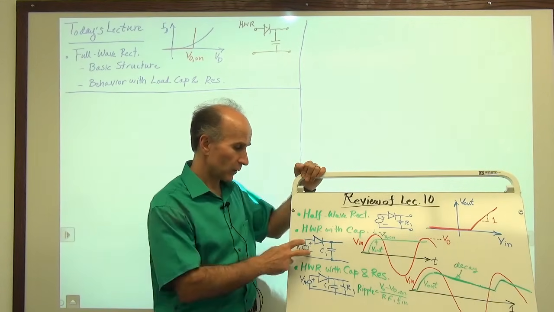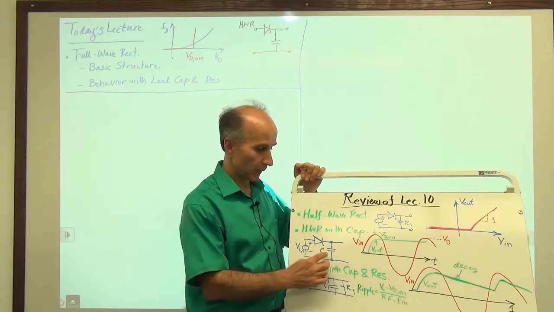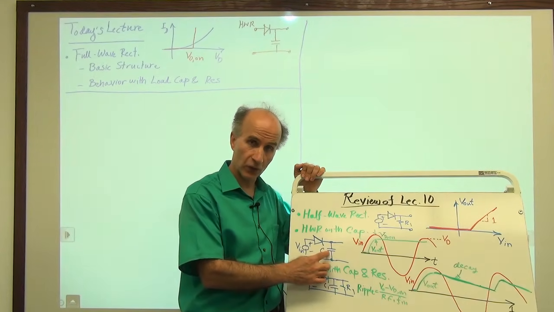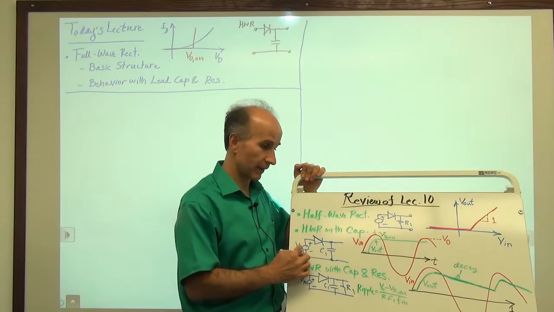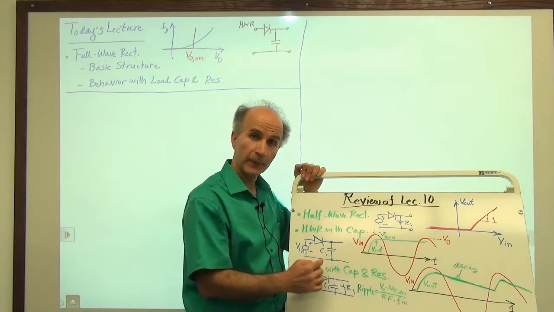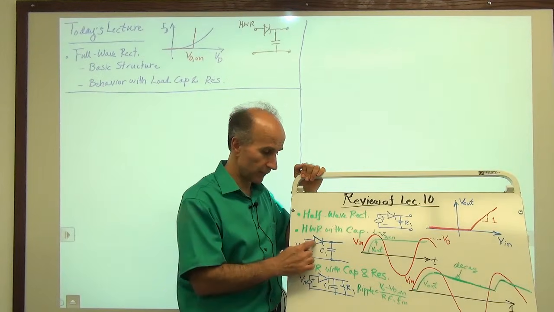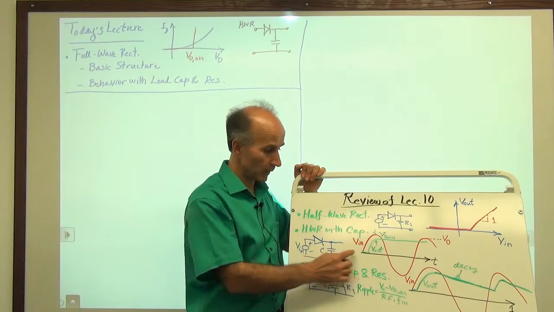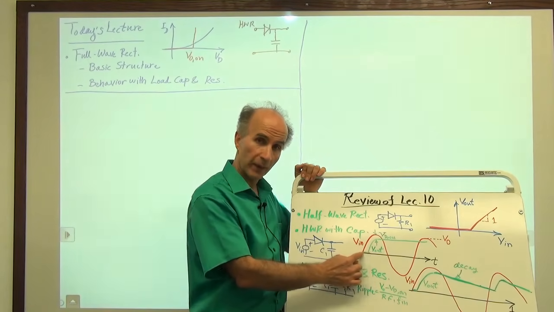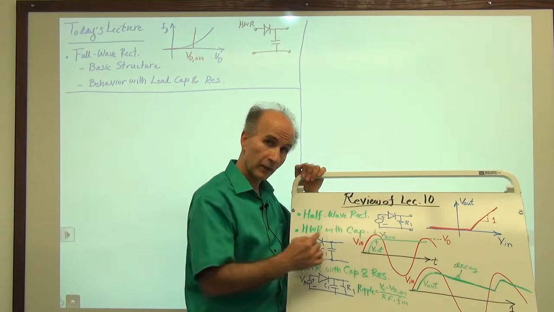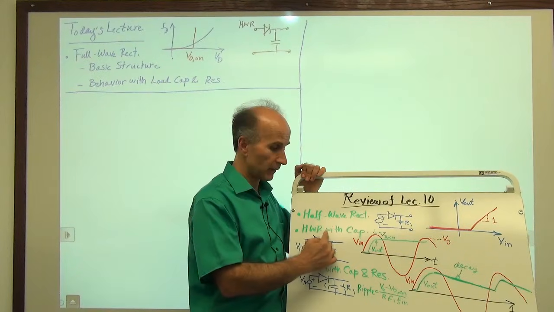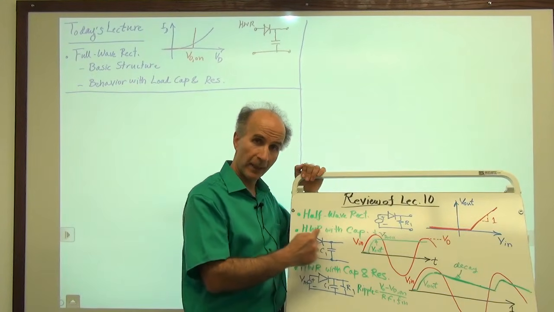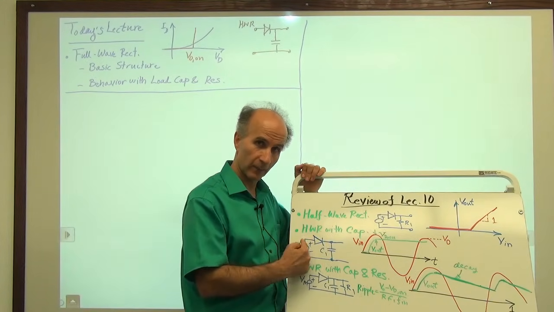So we saw that if the capacitor starts with 0 voltage on it and the input voltage starts rising as a sinusoid as shown here, then first the diode is off, and the output voltage is 0 up to a certain point. When the input reaches 1 diode drop above the output, the diode turns on and the output is now pinned to the input, or tracks the input.